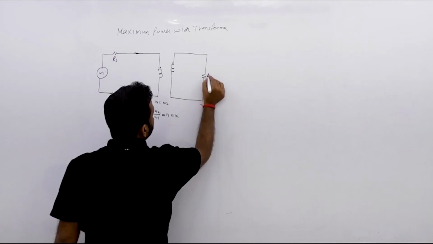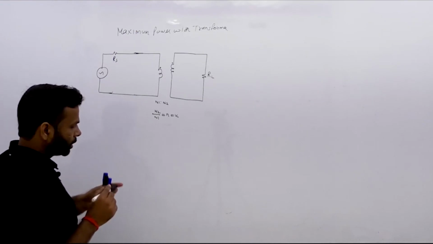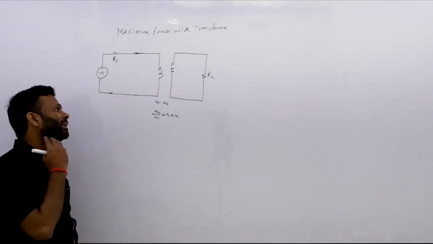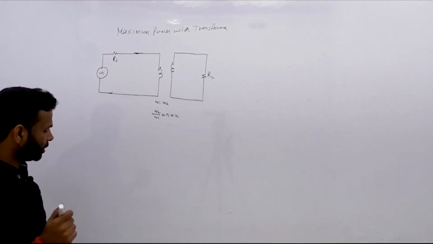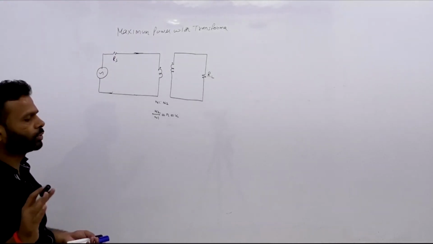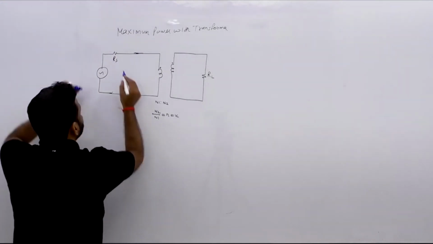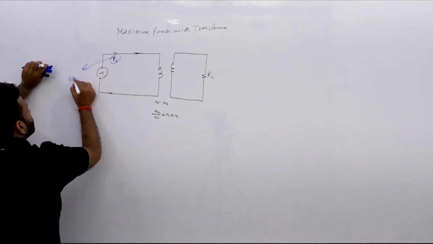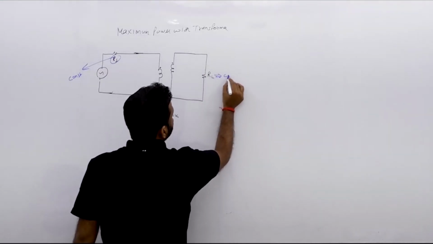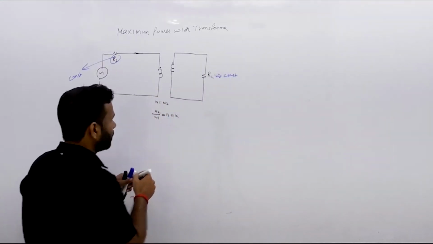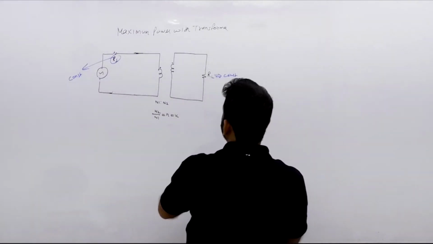Now if you study the transformer, the winding resistances of the transformer are fixed, because when the transformer is designed, their resistances or impedance is constant. Similarly this RL is constant. Now I will take an example of how they are constant and how we relate your maximum power theorem with transformer.